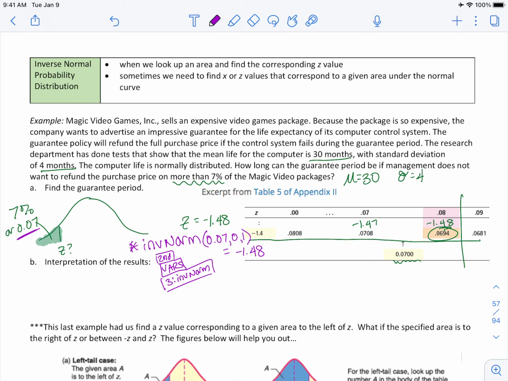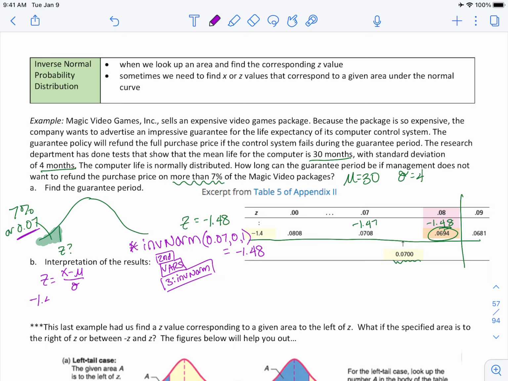Okay, now, interpretation of the results. So we have a z value now, okay? So our z is negative 1.48. And we want to put this in the z-score formula, and we're going to work backwards to solve for what the x value is. Okay, so remember z is equal to x minus mu over sigma. Again, that z-score formula.